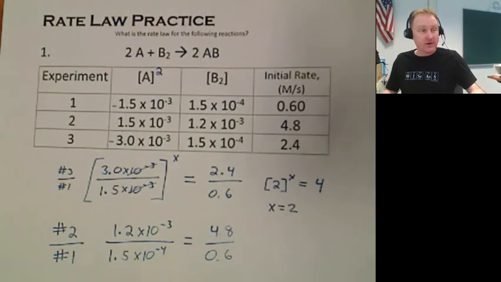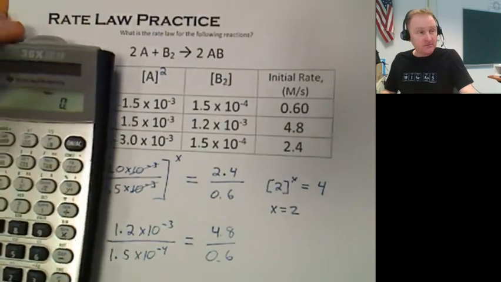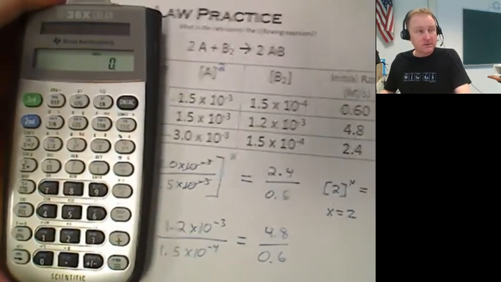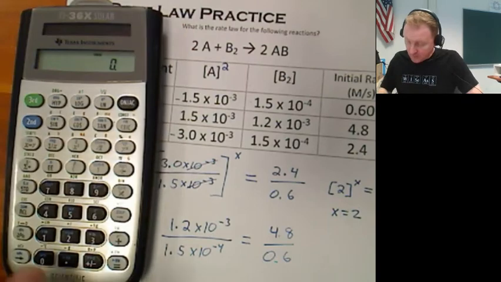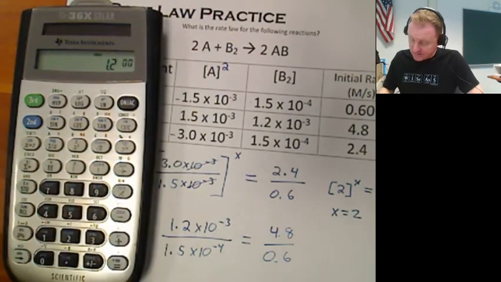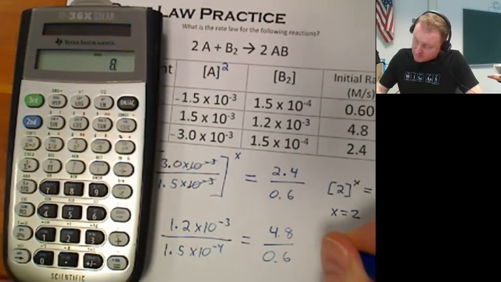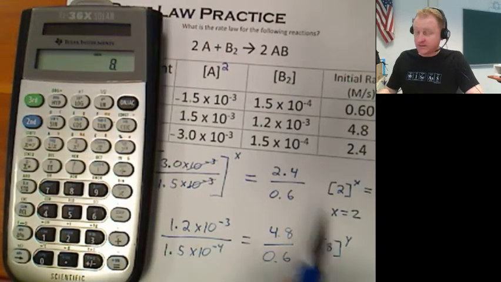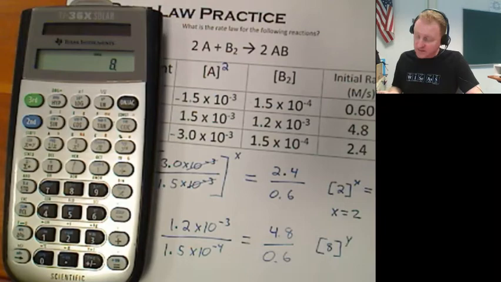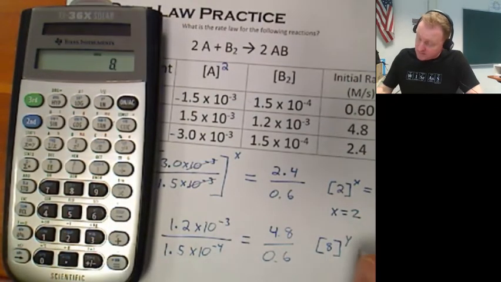If you're not comfortable with these numbers, go ahead and calculate that out. 1.2 times 10 to the negative third divided by 1.5 times 10 to the negative fourth comes to 8. So this is the concentration 8 to some power. I'm going to say y, because if I said x, it implies it's the same thing, and it's not necessarily the same answer. Then I have 4.8 divided by 0.6, and so 8 again.